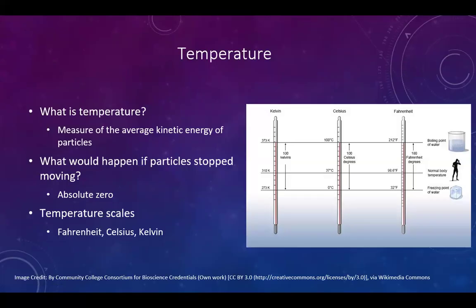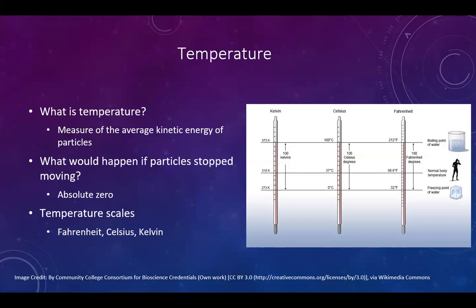Now, one of the things that's interesting about light is that it can also be tied to temperature. So temperature is a measure of the average kinetic energy of the particles making up something. And so if the particles were not moving at all, you'd be at absolute zero. And there are several temperature scales out there.